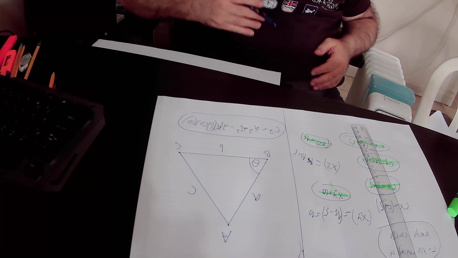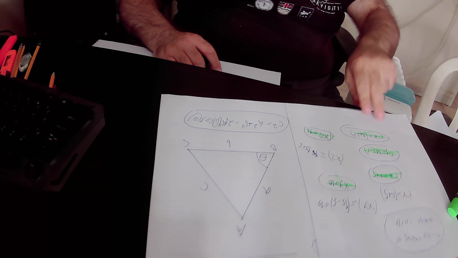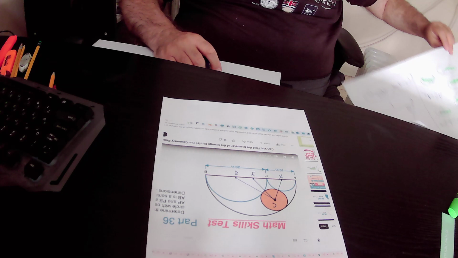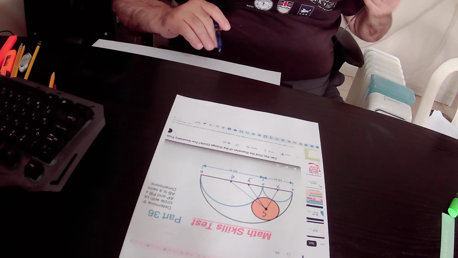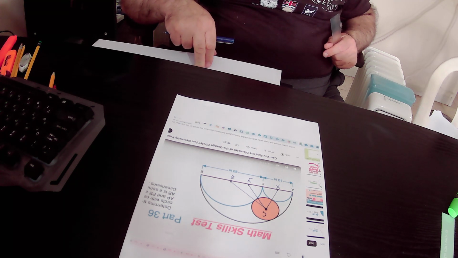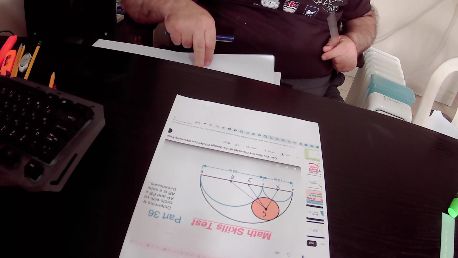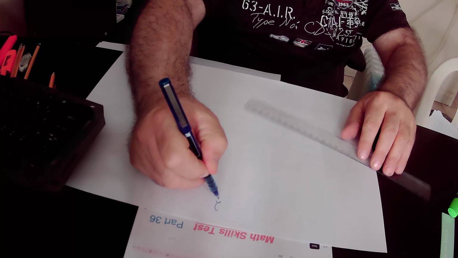Okay, so we will implement the law of cosines in our triangle XCY. I will copy triangle XCY in a new page, and we will implement the law of cosines in this triangle. Here we have triangle XCY.